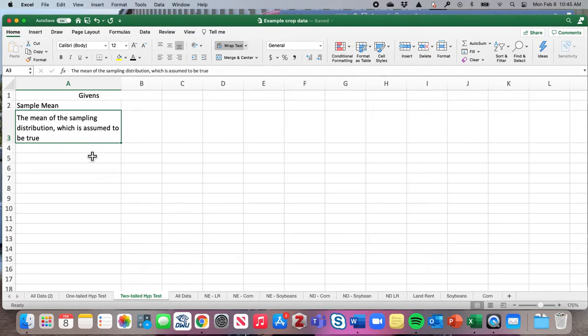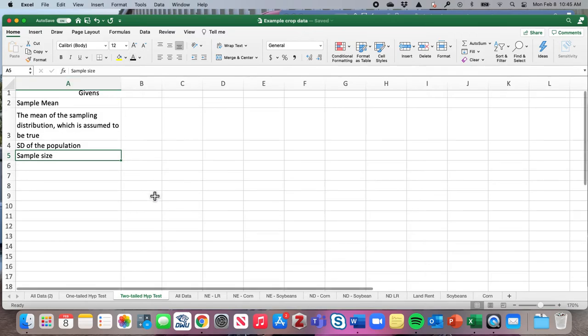That would be that 125 that we were looking at. Looking at the standard deviation of the population and the sample size. So once we have all of those, we're going to be able to use Formula 9.1 on page 389 to figure out our critical scores, our z-test statistic, p-values, and all that.